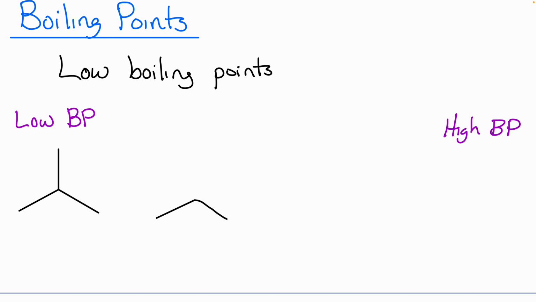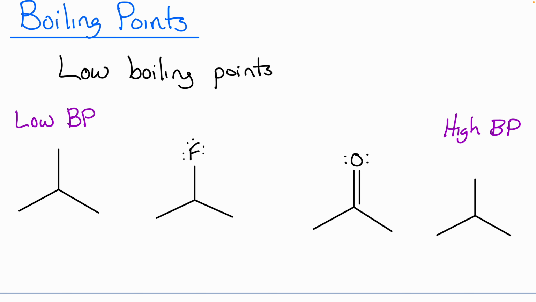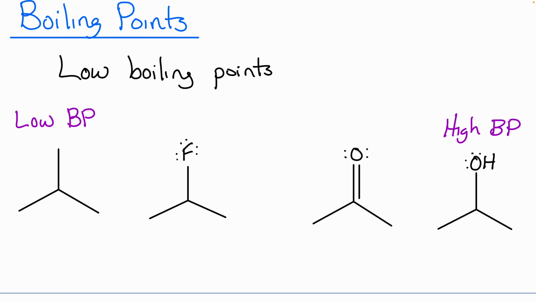We're going to compare that to an alkyl halide that has a similar size, so we're going to have to use our small halogen fluorine here. Comparing that to another polar molecule, one that also only has dipole-dipole interactions, acetone. And then lastly, one of our functional groups that can hydrogen bond are alcohols. And we're going to put numbers on here looking at these boiling points.